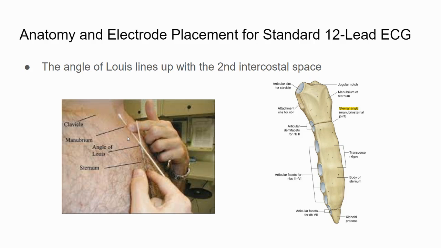If you go immediately to the left or right, that will be the 2nd intercostal space. A common mistake is going right underneath the clavicle and thinking that's the 1st intercostal space. Be very careful, as it can really throw you off.